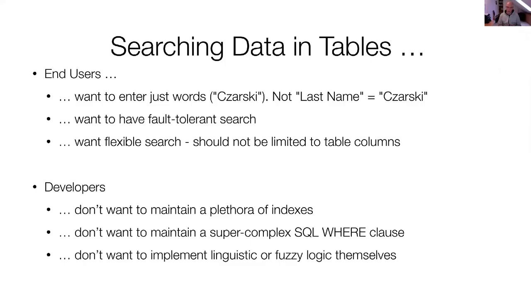So that means, assuming we have a table with 20 columns, we don't want to index all 20 columns and write a super complex SQL where clause which says and where customer last name equals Zarsky and order number equals something else, or something else is null. We don't want to have that. And we don't want to implement fuzzy logic ourselves. It's not easy to do it right, and it's such low-level tech, we just don't want to bother with it.